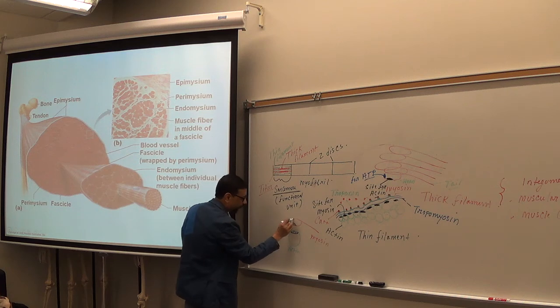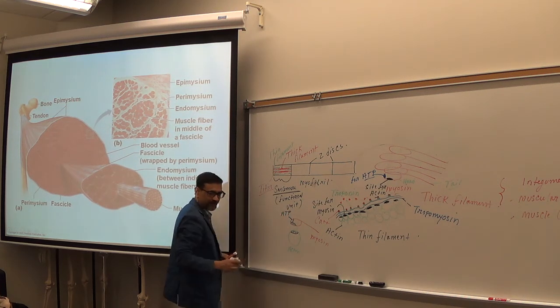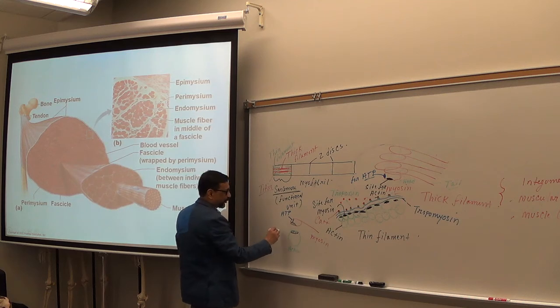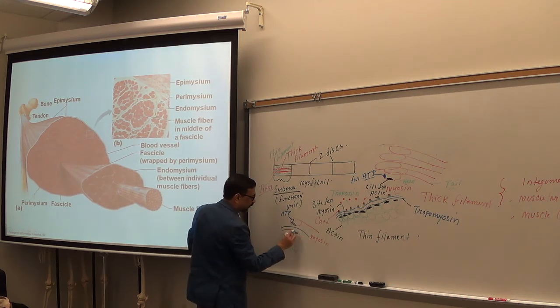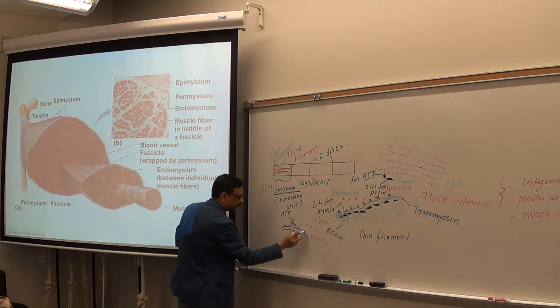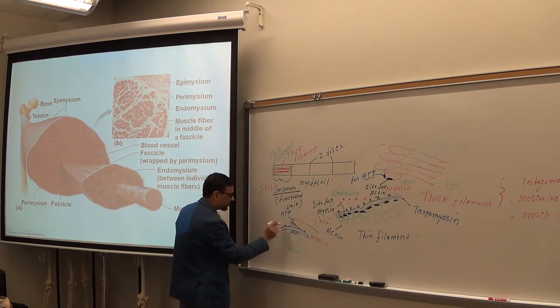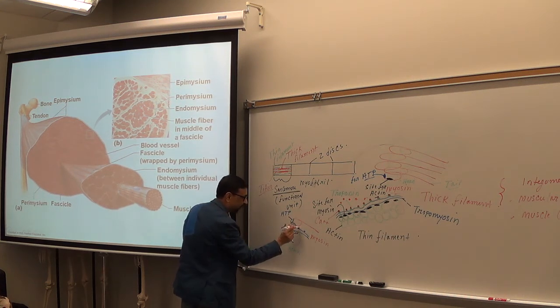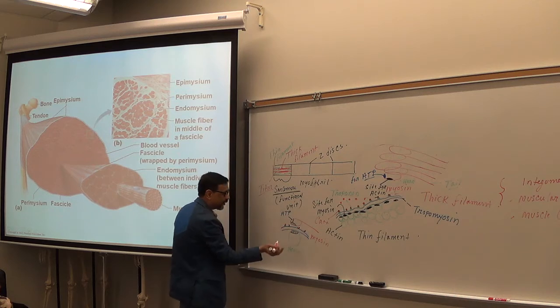Complex. ATP. Right? And you have tropomyosin here. Now, these are troponins. Calcium gets attached. So these are calcium molecules, and troponins will move to the side.